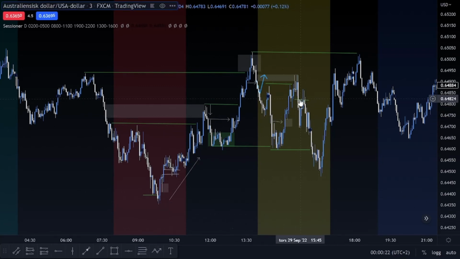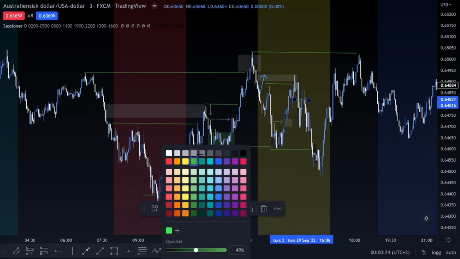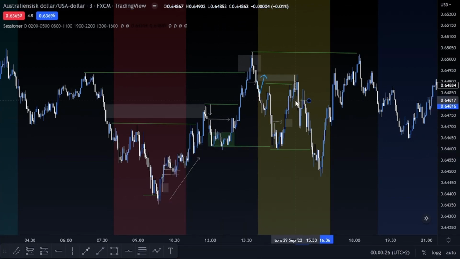I'm gonna make this white to represent the fair value gap. Yeah, you can see it. So this is a playbook or a textbook setup to me, because we have a lot of confirmations. We have a clean area of liquidity down here. We have price trading up into buy side liquidity here, fair value gap here.